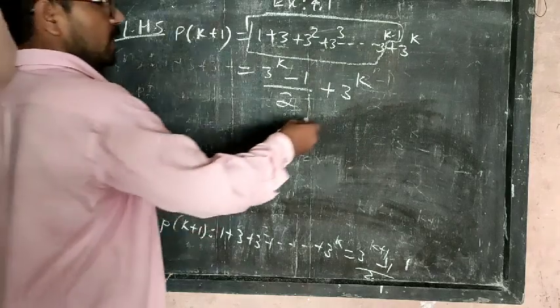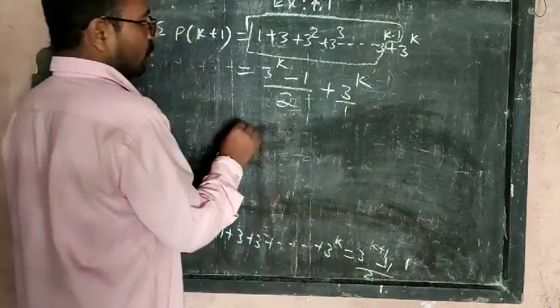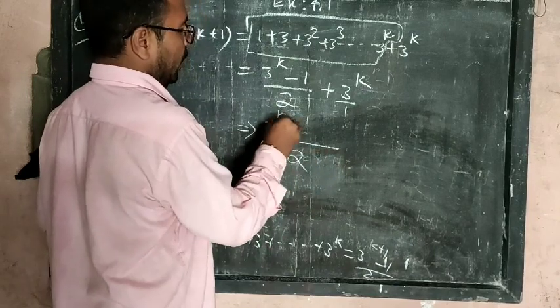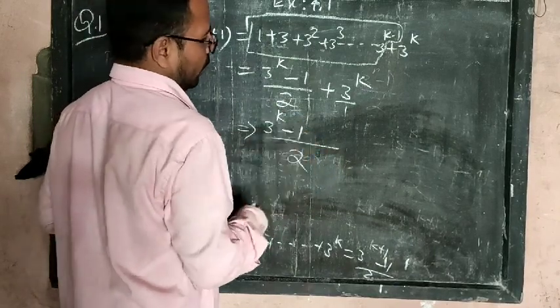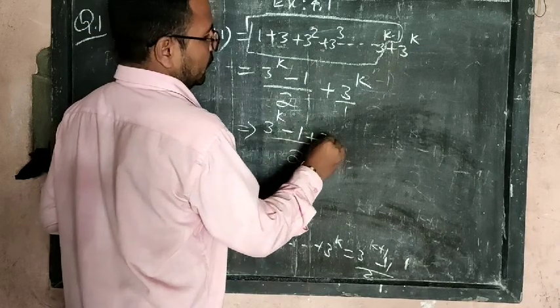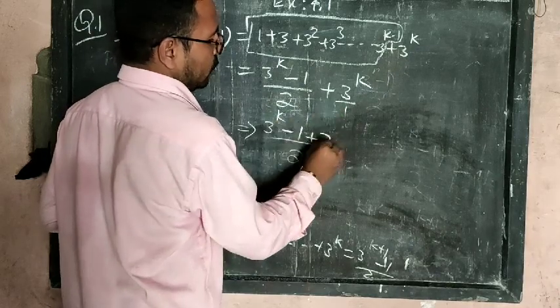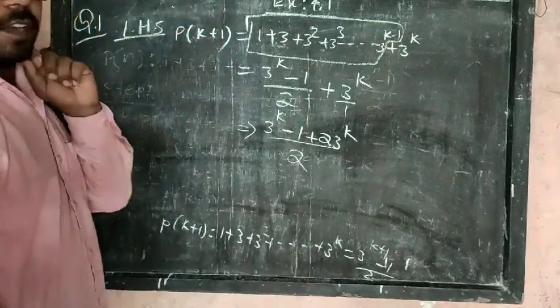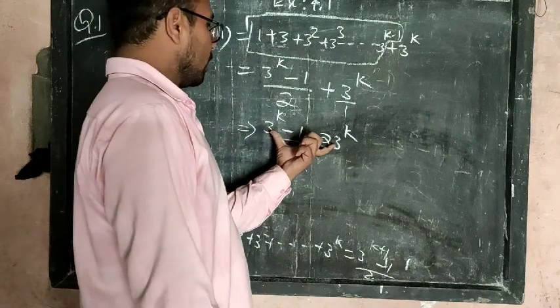So what we will do here, first we will take the LCM. The LCM is 2, and we have 3 to the power k minus 1 plus, multiplying here, 2 into 3 to the power k. Now students, what we have to do is take something common.